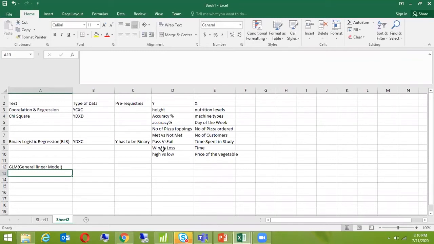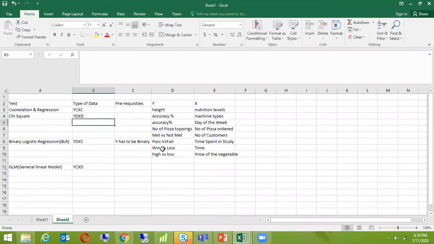In the general linear model, I have many variants. Let me first discuss the type of data. If my y is continuous and my x is discrete, then I will call it GLM.